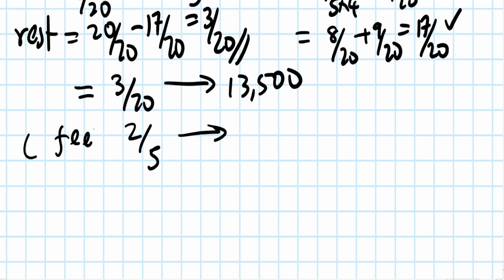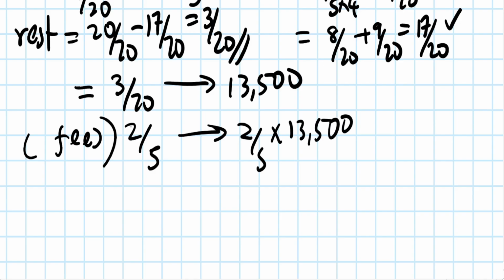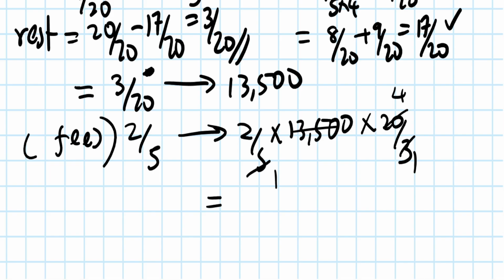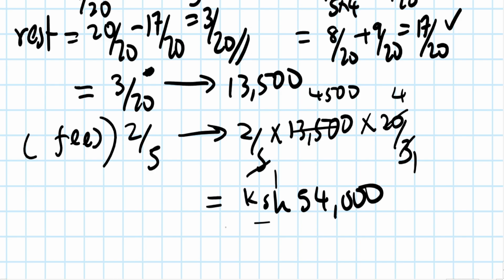Do 2 over 5 times 13,500 times the reciprocal of 3 over 20, because you're dividing, so you change to multiplication, times 20 over 3. 5 goes into 20 4 times. 3 goes into 13,500 4,500 times. And 3 times 4,500 times 4 gives us 54,000 shillings. That is the amount of money paid for the school fees.